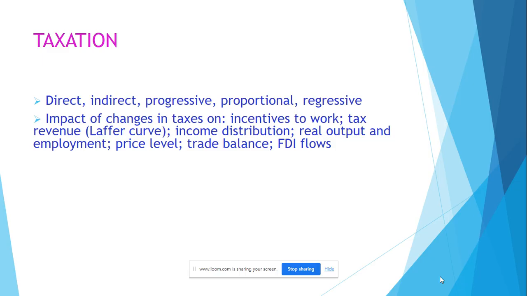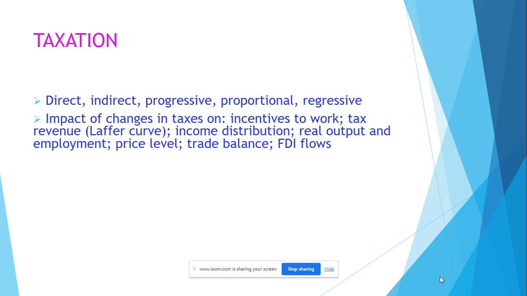Equally, on an AD-AS diagram, if taxes go up and AD goes down, it's possible that the price level will fall, unless the economy has a lot of spare capacity and is already on the perfectly elastic part of the LRAS curve. Likewise, if taxes go down, expansionary fiscal policy, this may lead to an increase in the price level. Contractionary, it may lead to a fall in the price level.